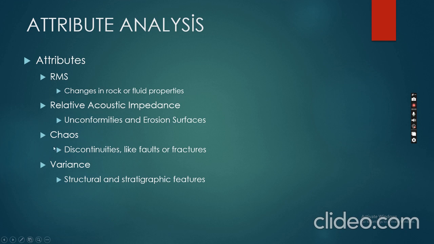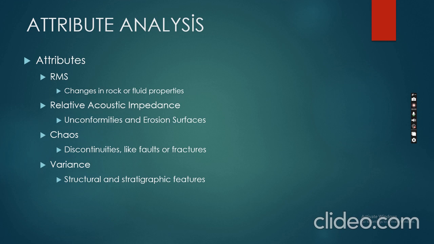And the other attribute I'm going to use is chaos, and mathematically it's more complex to explain, and it's more statistical. Well, in simpler terms, I can say that it measures the similarity of neighboring seismic traces.